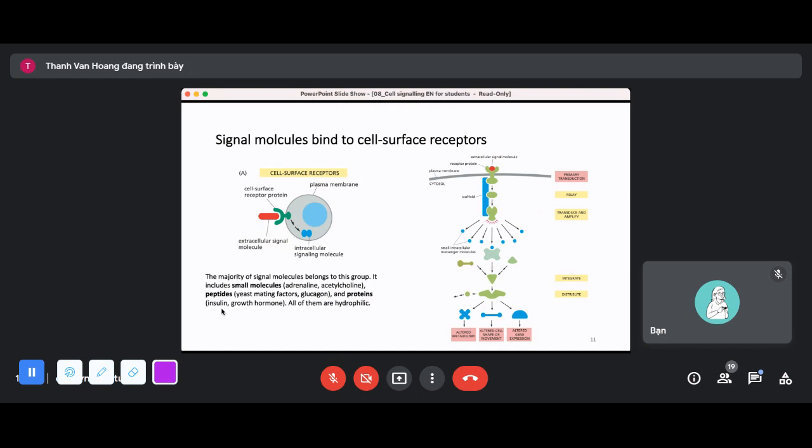They are hydrophilic, they cannot cross the membrane. And as we talked about, it needs many other transduction molecules to transport the signal from the cell membrane into the cells. And the cells can respond by changing their metabolism, or changing the cell shape, or activating or inhibiting gene expression.